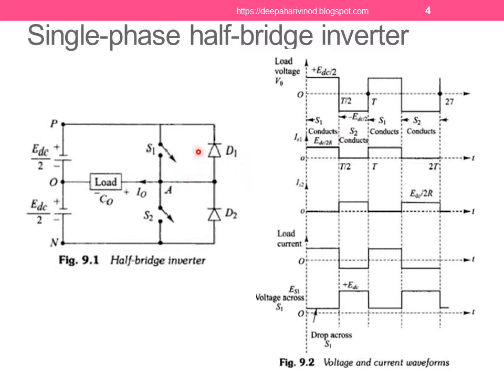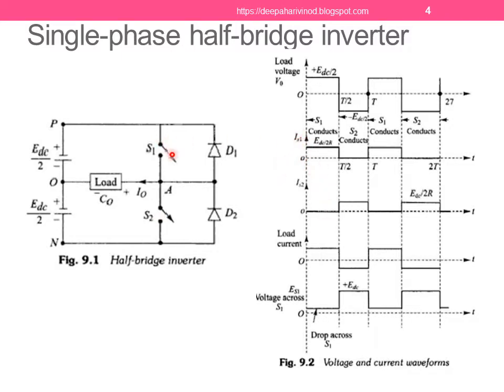Voltage across the switch when it is off is EDC. The gating circuit should be designed in such a way that switches S1 and S2 do not turn on at the same time.